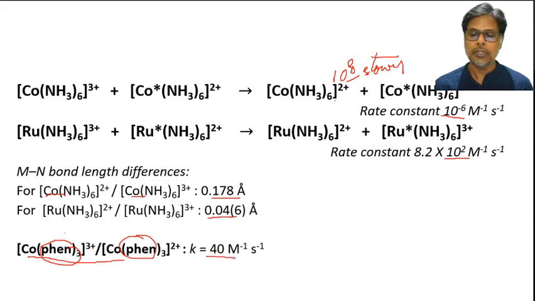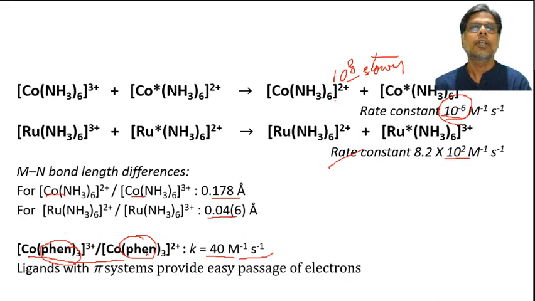It's not in negative powers; the rate constant is 40 per mole per second. It's quite high compared to this value. So why is it like this in this case? The phenanthroline ligand has a pi system, and ligands with a pi system can pass electrons easily from one metal to the other metal.